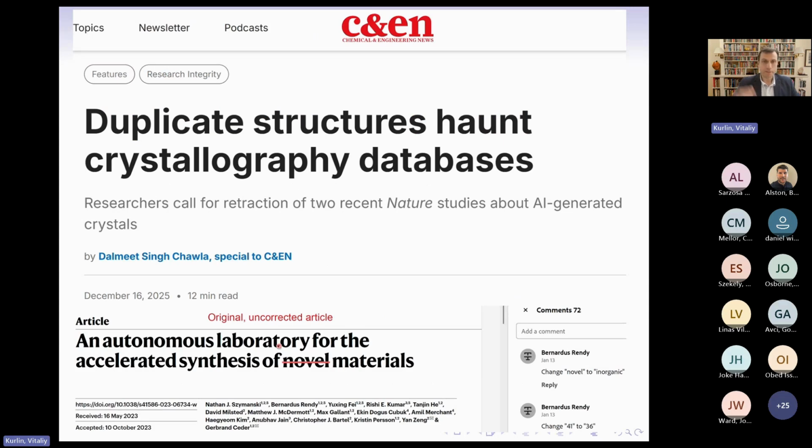Let me only highlight that this story appeared in Chemical and Engineering News in December about duplicate structures in many databases. And in January, Nature corrected the A-Lab paper by removing the word novel, not only in the title, but in many other cases, crossing out the words novel and discovery throughout this paper.